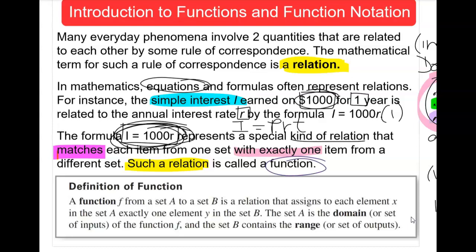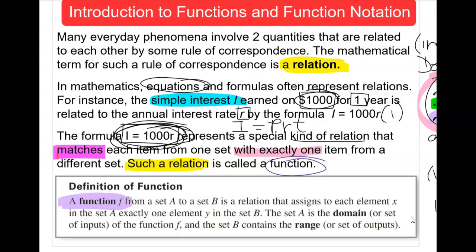So let's go into the definition of the function. So it says a function, and we will use, of course, f, but we will start using other letters because we don't have to only use f.